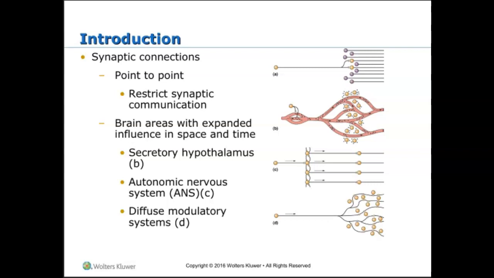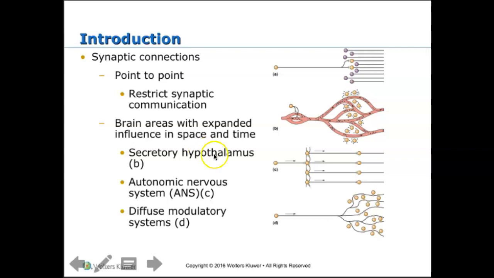So you have neurons that talk to a large portion of the body, or neurons that influence the behavior of many groups of neurons within the central nervous system, such as the diffuse networks, which will be a topic of our last part of this lecture.